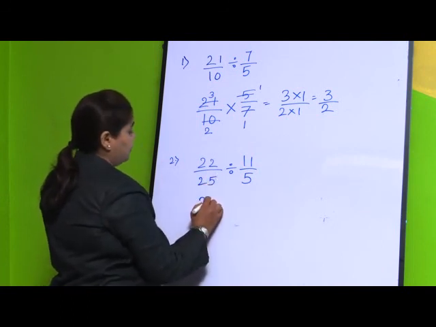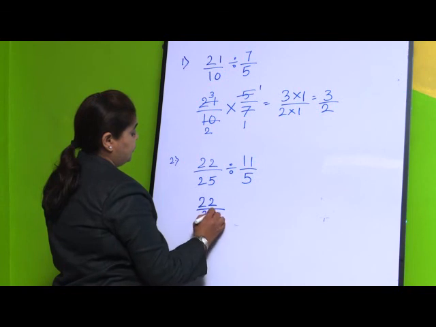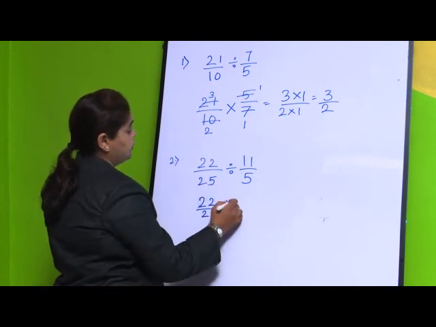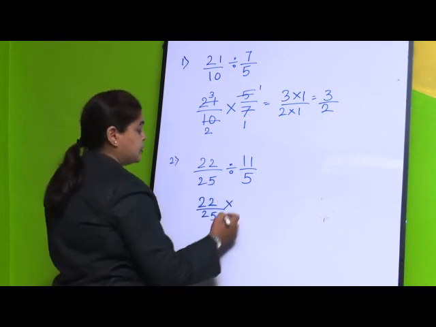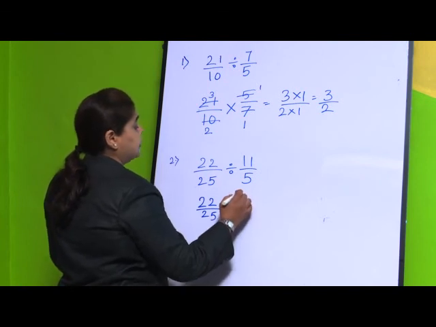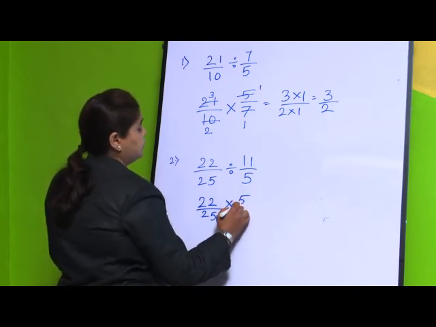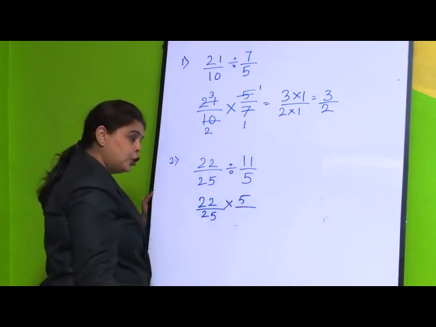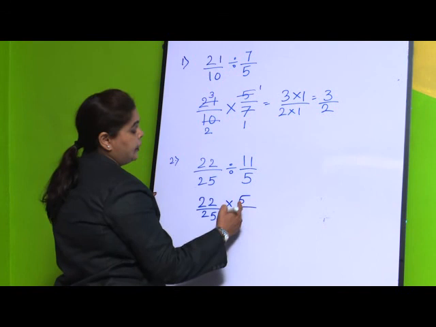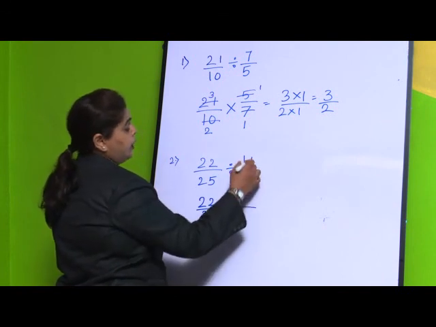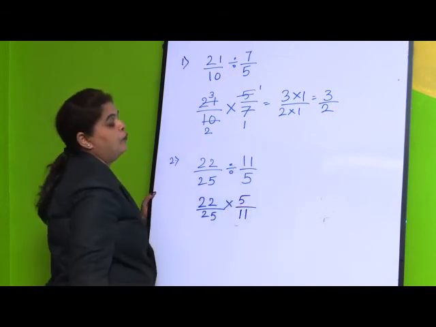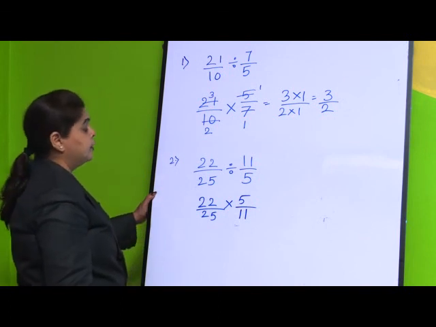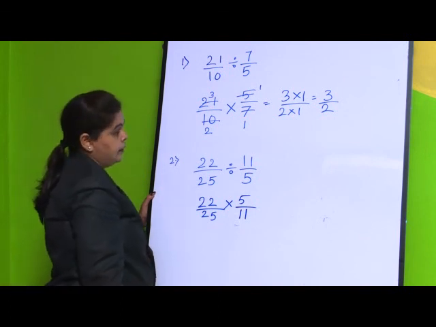First we write the fraction, convert the division into multiplication, then write the reciprocal, just interchanging the denominator and the numerator. What is in the denominator goes to the numerator, and what is in the numerator goes to the denominator.